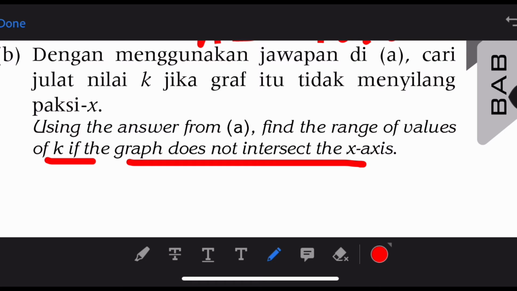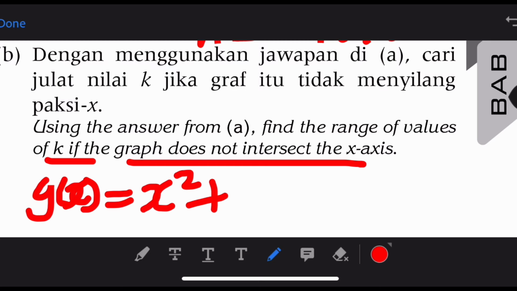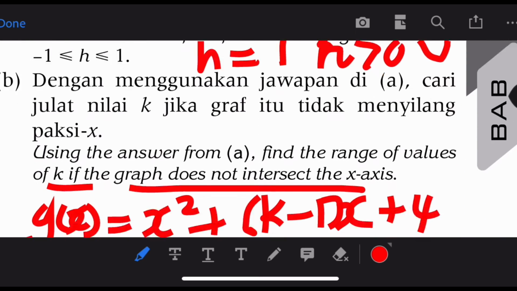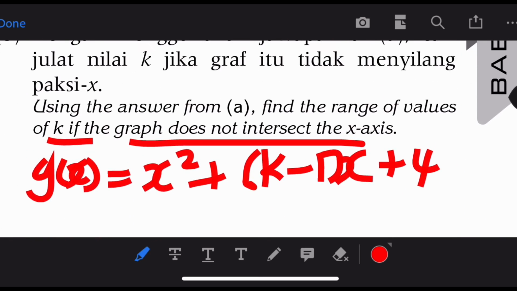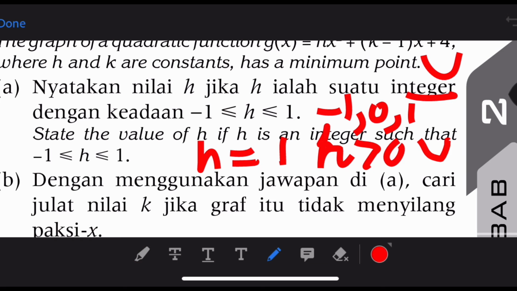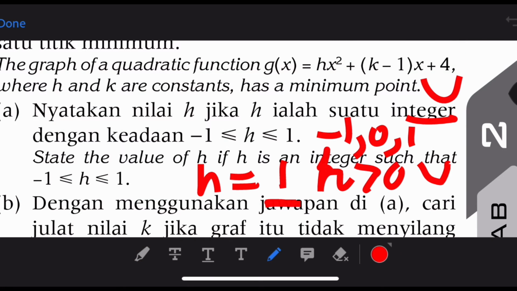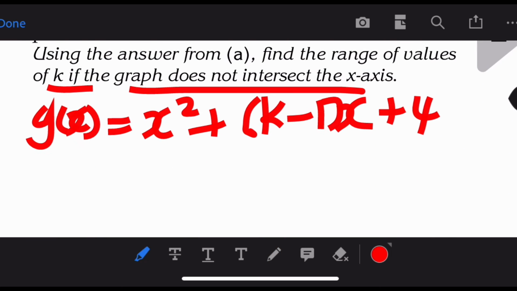If it does not intersect the x-axis, let's write down the curve. This is a curve. Because h equals 1, I substitute the 1 here, so it becomes x squared, right?